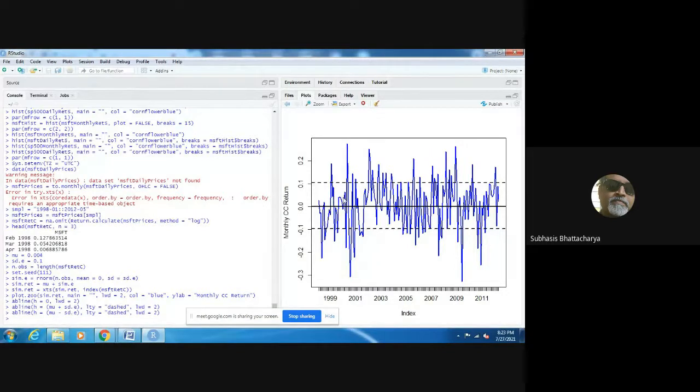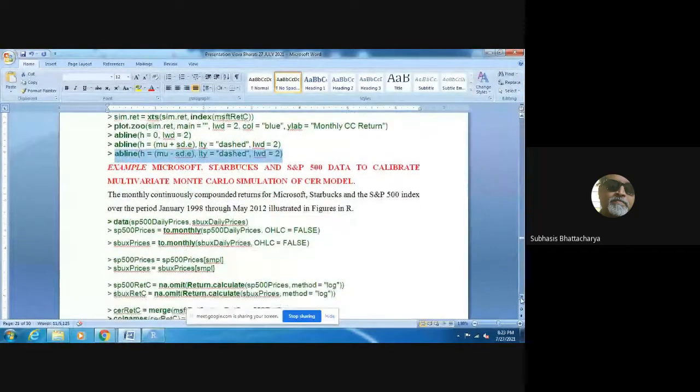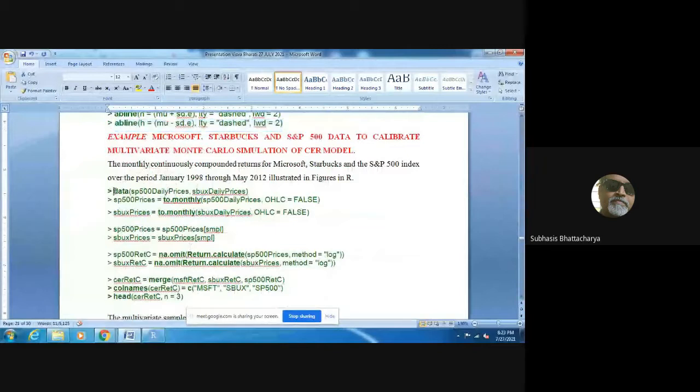So if I consider Microsoft, Starbucks, and SP500 simultaneously, that is, if I want to consider these three data, look how my portfolio will be constructed.